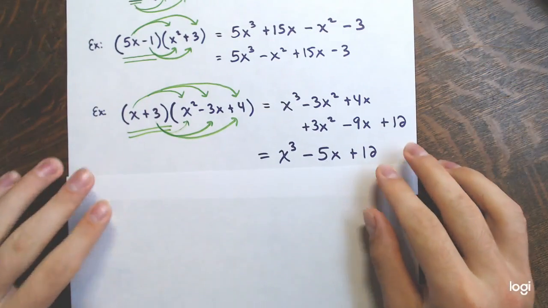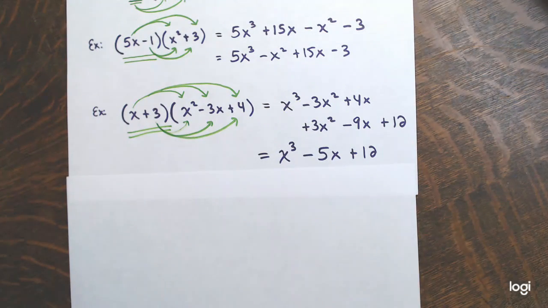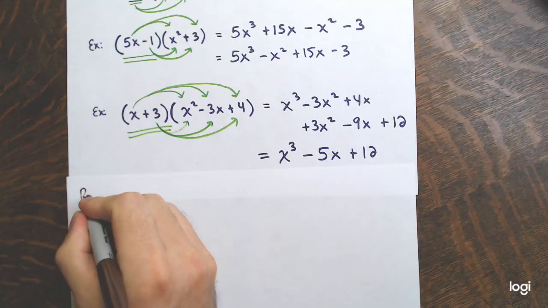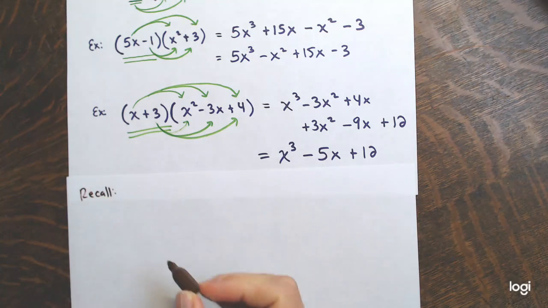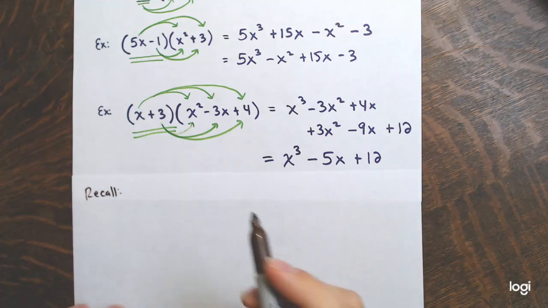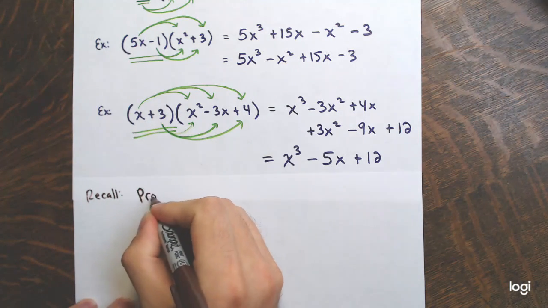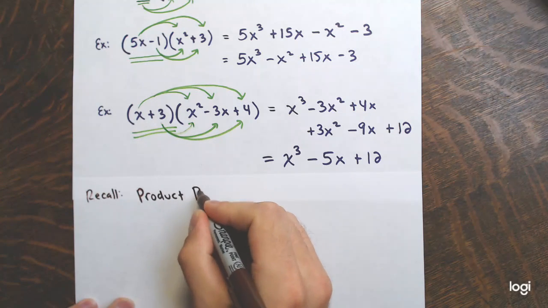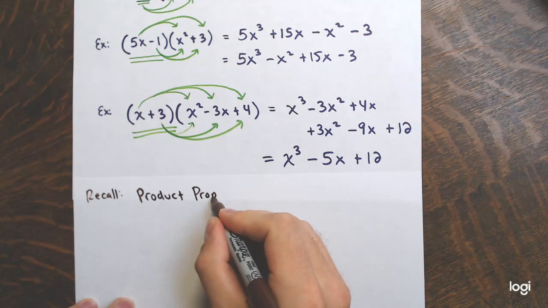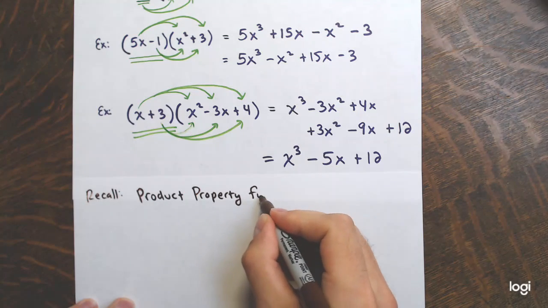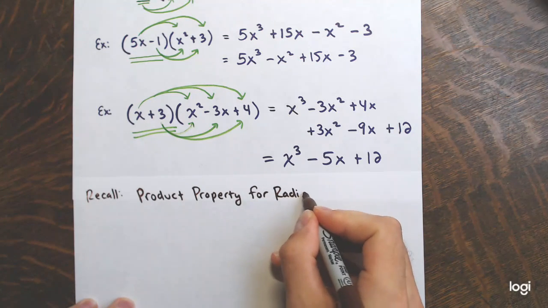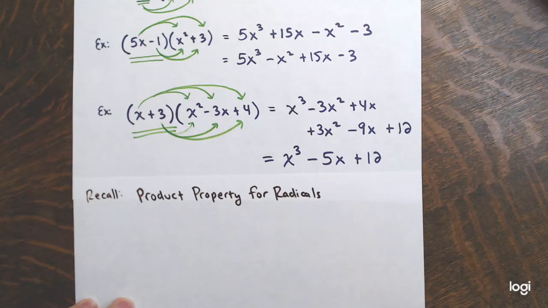thing you should remember as well is the product property for radicals. One other thing you should be recalling from previous videos or lessons is the product property for radicals. I've put this up in several videos in the past, so look up using the product property to simplify radical expressions.